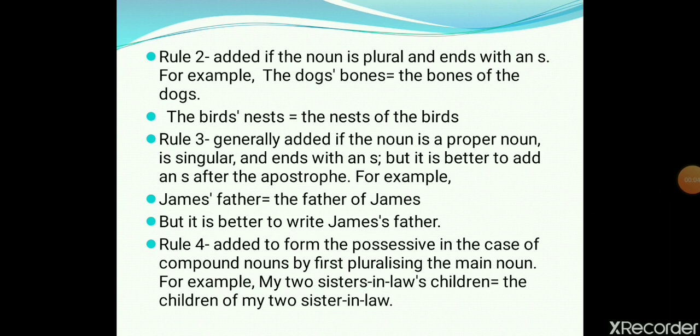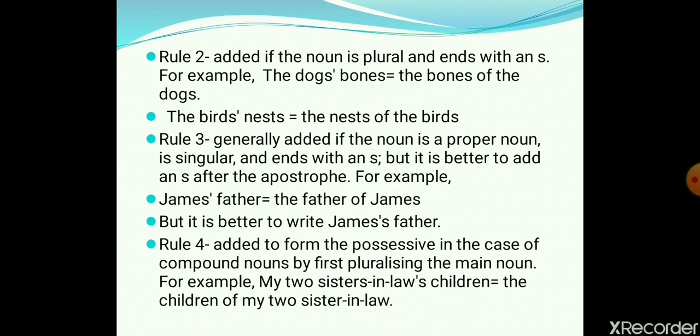Now let's discuss rule 3. Rule 3 says that if the noun is a proper noun and it is singular and ends with an S, let's see where we have to put the apostrophe. James' father. Here what I want to say is the father of James, right?